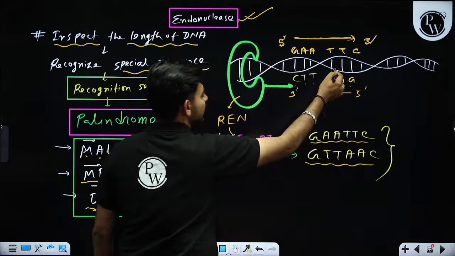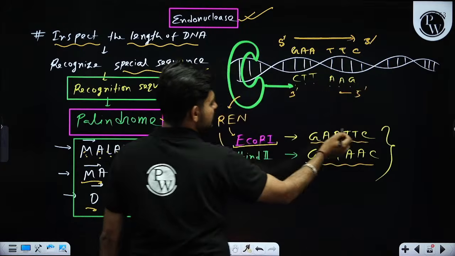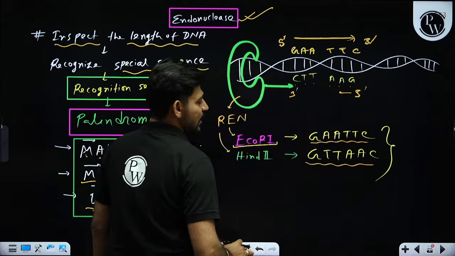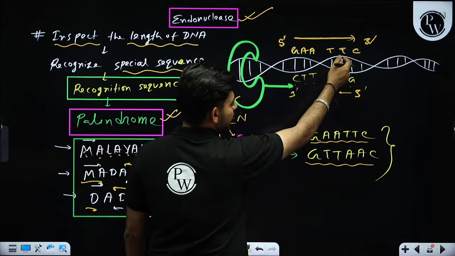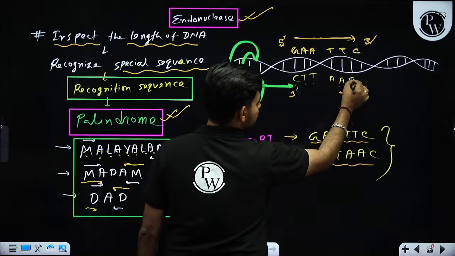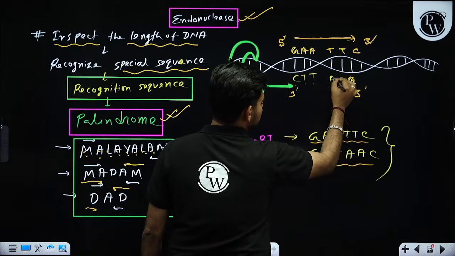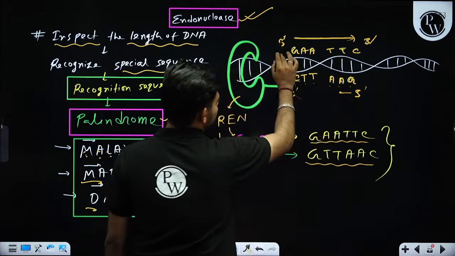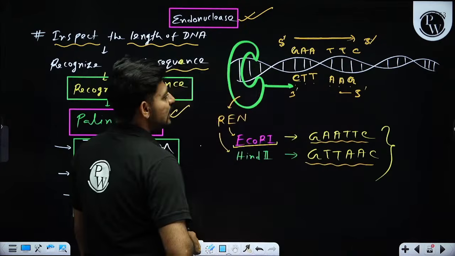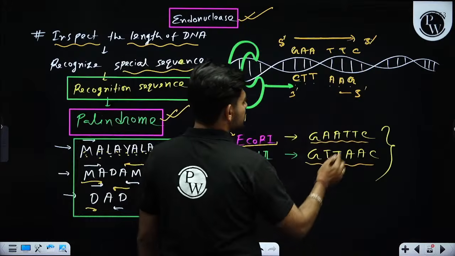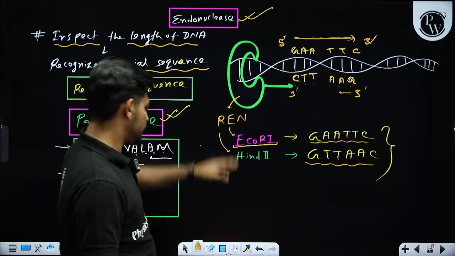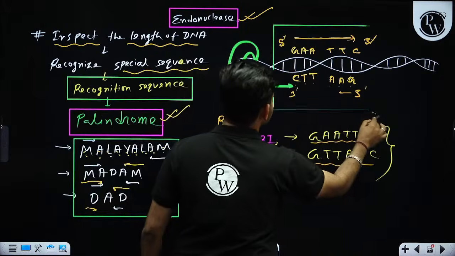Now if you read it in the 3' to 5' direction, the reverse, the anti-parallel segment, here also you will get GAATTC. So from 5' to 3' it's GAATTC, from 3' to 5' also it's GAATTC, and that's why it's forming a palindromic sequence.